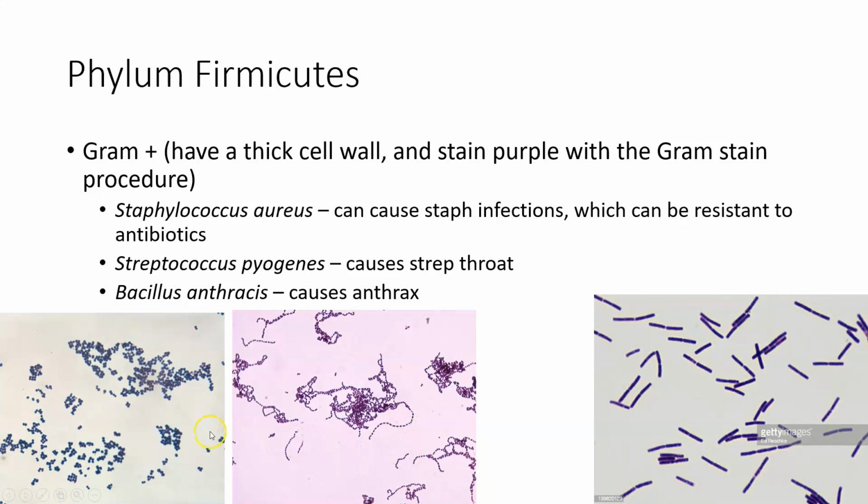Everything that is gram-positive ends up looking purple after a gram stain, and so all of these are gram-positive. So, flip back to the table, page 288. Staphylococcus aureus, Streptococcus pyogenes, and Bacillus anthracis, they are all in the same phylum. So for those three species, you're going to put them in the phylum Firmicutes. The characteristic that you're going to write down for that phylum, they're all gram-positive.